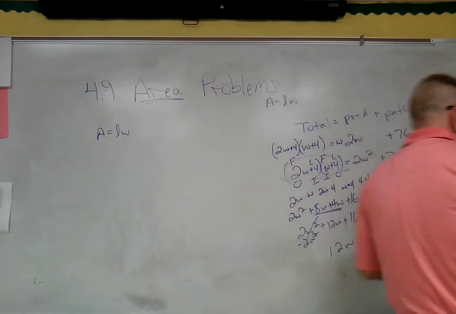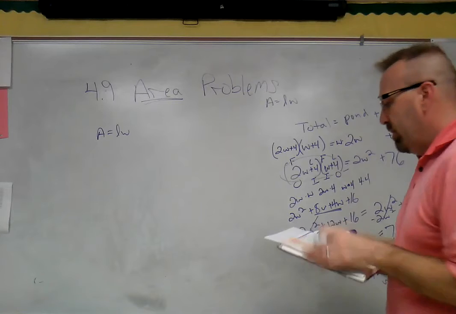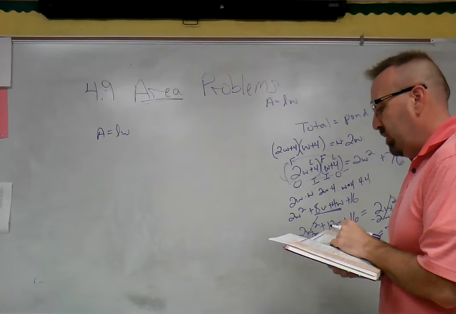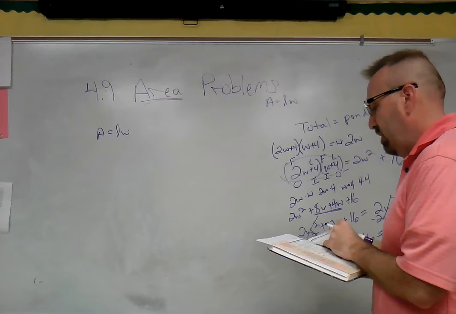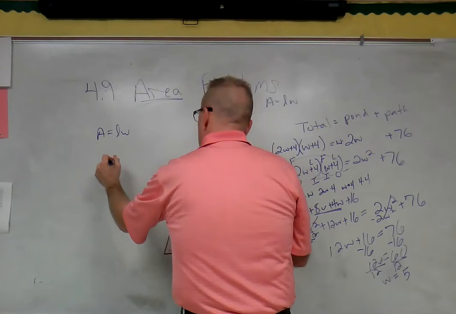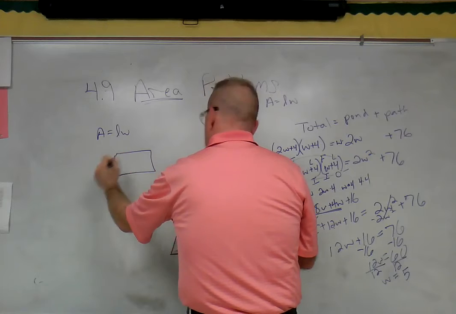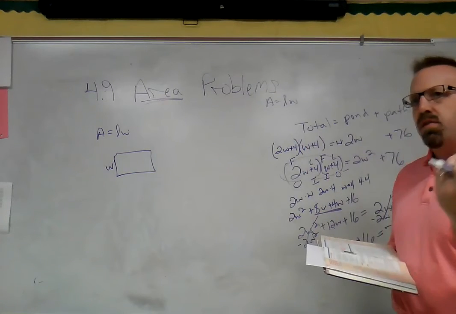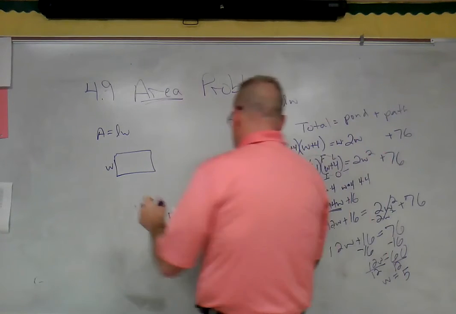It says a rectangle is 5 centimeters longer than it is wide. If the length and width are both increased by 3, its area is increased by 60 centimeters. Find the dimensions. So originally our width is W. It's 5 centimeters longer, so the length would be W plus 5.